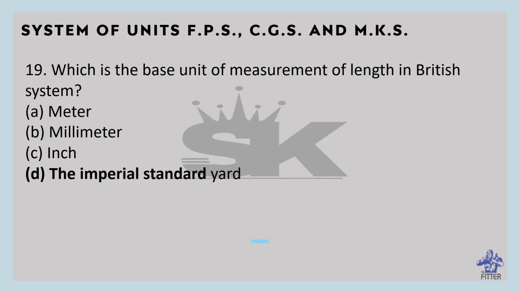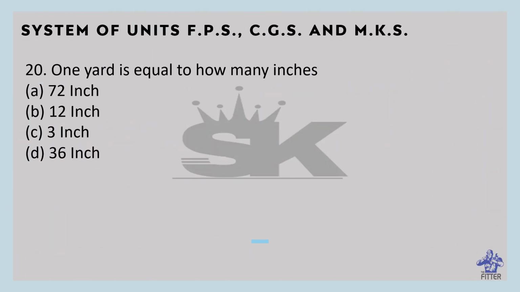That is the imperial standard yard. 1 yard equals 36 inches, that is equal to 3 feet, that is equal to 0.9144 meters. 1 yard is equal to how many inches? We have discussed it. So that is 36 inches.